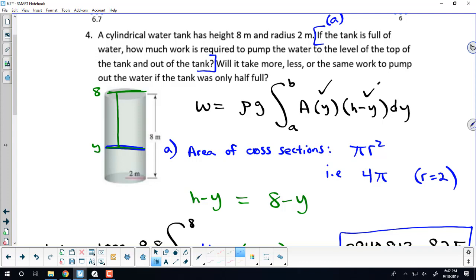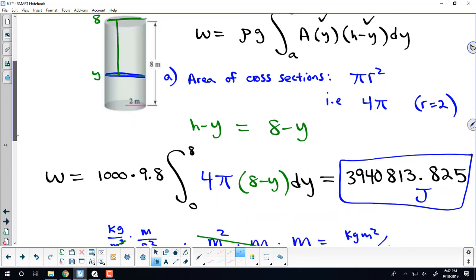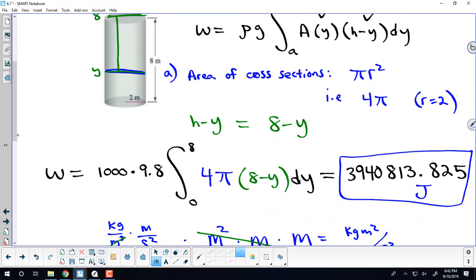The height is the height to the outflow, so it's h minus y. Here it's 8 minus y. All of our areas were cross sections, so all areas were 4 pi. H minus y was 8 minus y, so that's how we got our integral. And then we computed all of that to get that large number. Did anyone have any questions about this?